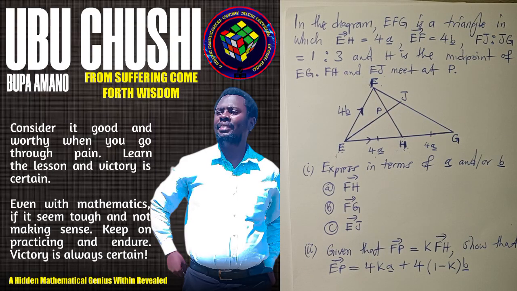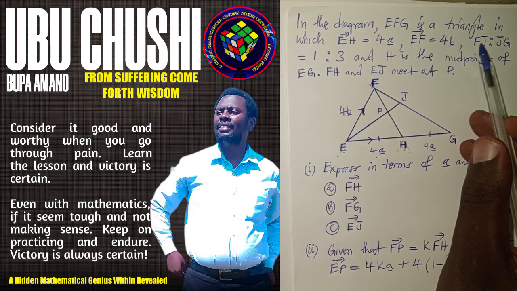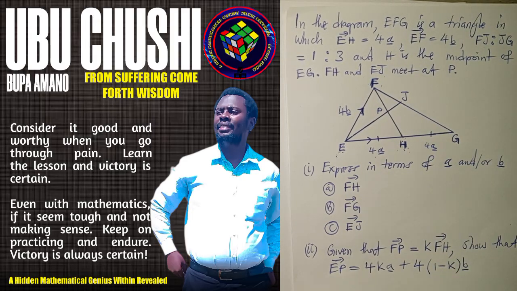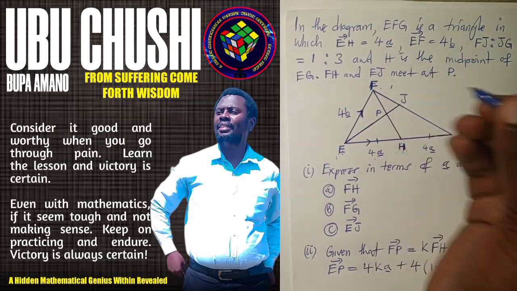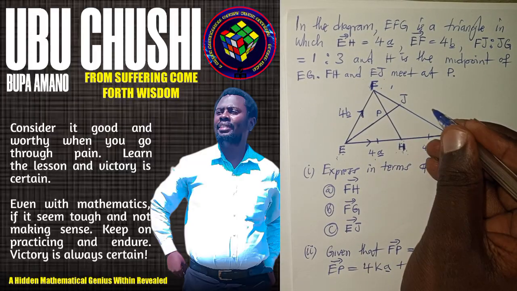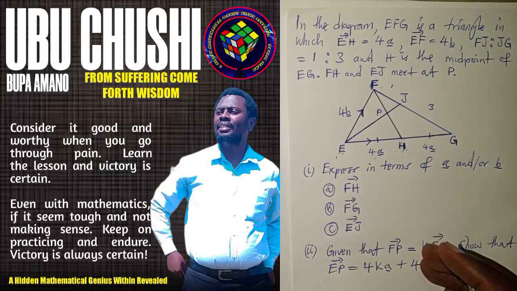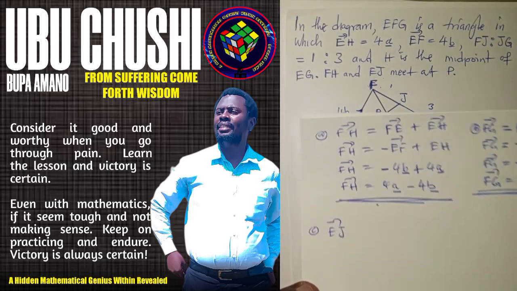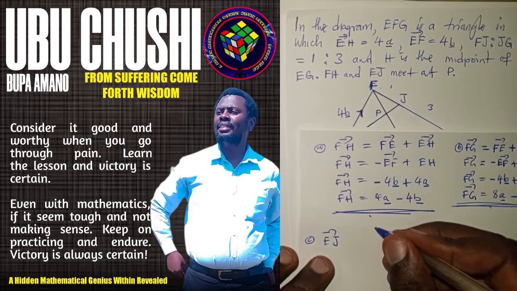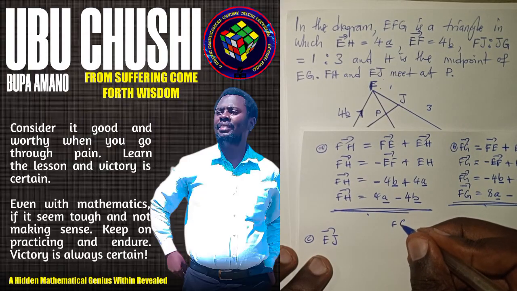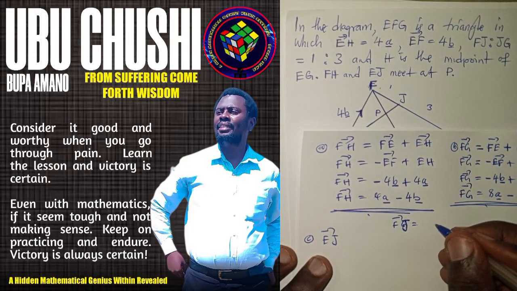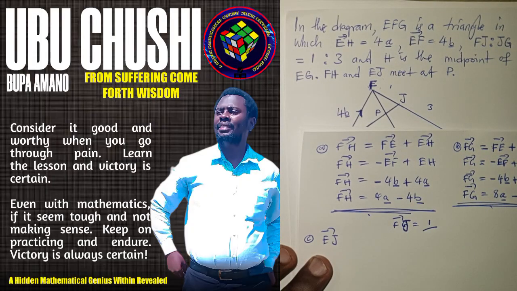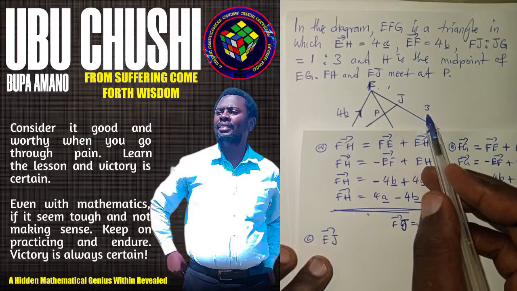Let's go back to the statement. We are told that FJ to JG is equal to 1 to 3. This is a ratio: FJ is 1 and JG is 3. So as a ratio, FJ is equal to 1 over, the total ratio is 1 plus 3, that is 4.